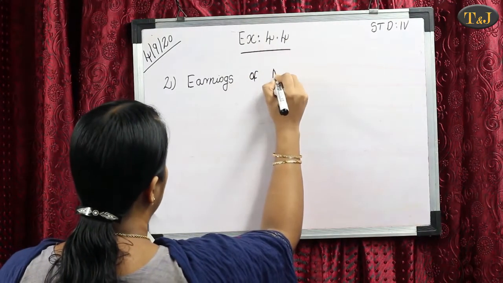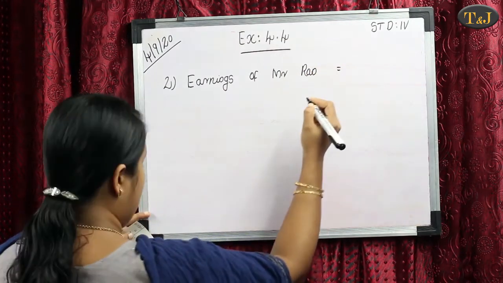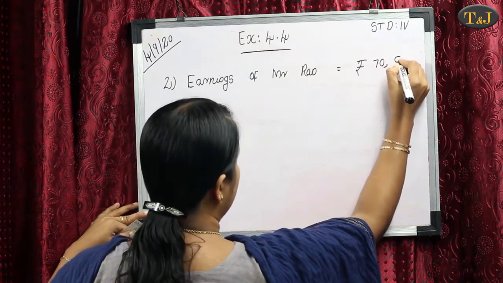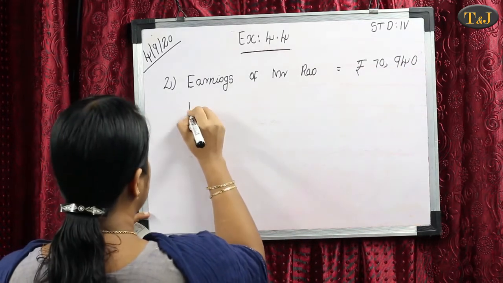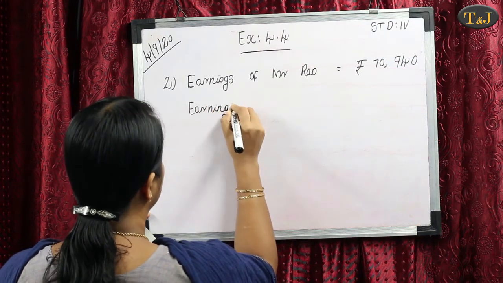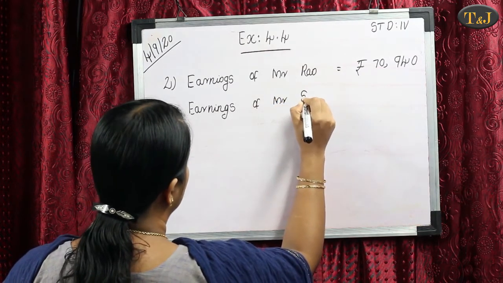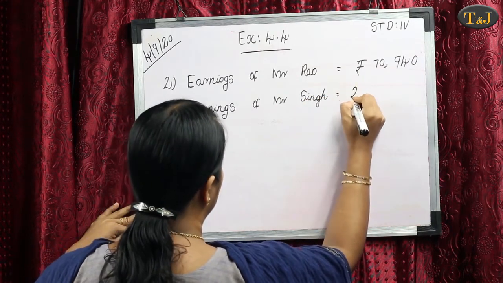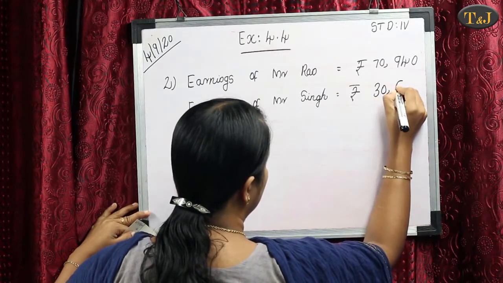Earnings of Mr. Rao equals 70,940 and earnings of Mr. Singh is rupees 30,560.